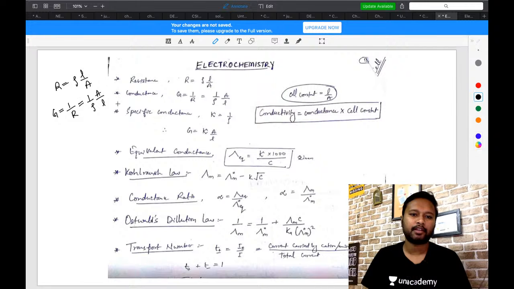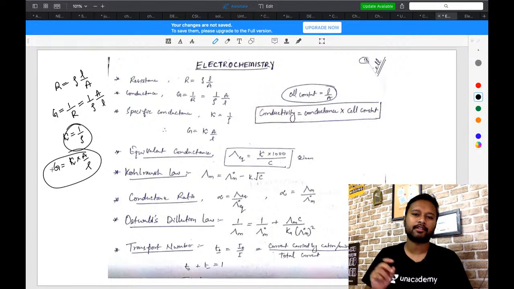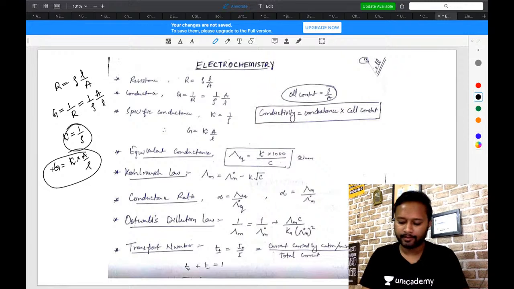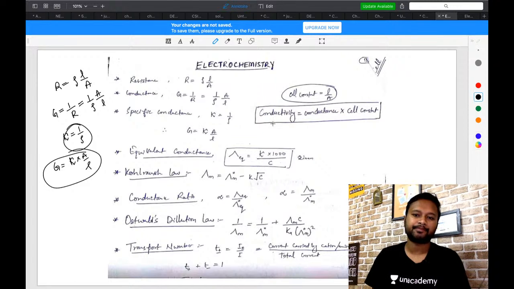So kappa is equal to 1 by rho, and your conductance G will be equal to kappa into A upon L. This is for some material. If you want to calculate the conductivity of a material, that will be given by this expression.